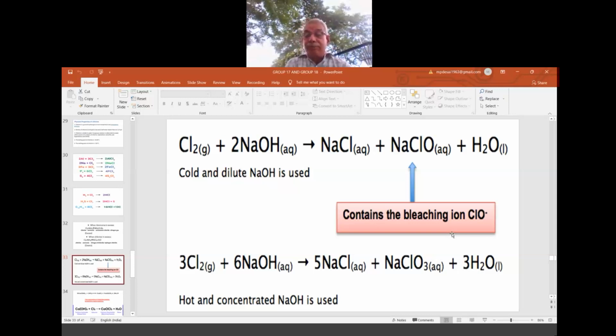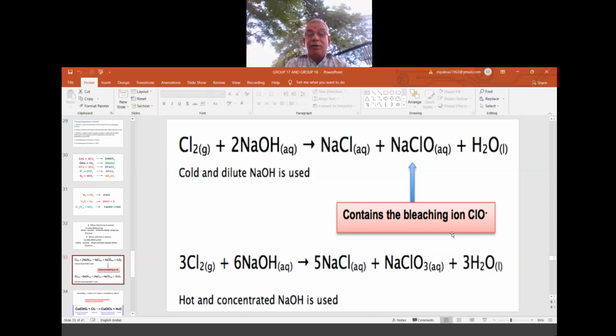It is because of ClO minus. NaClO has Na plus and ClO minus ion. So that ClO minus ion will play the role in the bleaching action. So chlorine converts into that form and it will act.